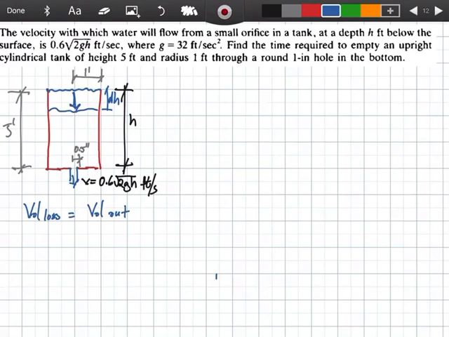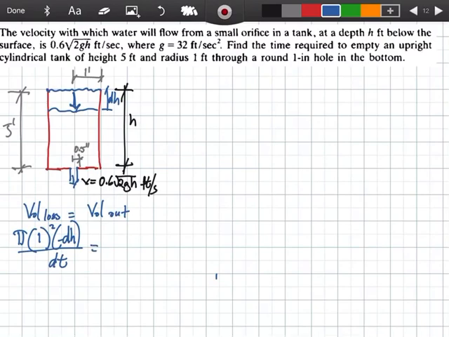So, ang volume loss natin sa ating tank, yung volume ng tank natin, class? Area times height, diba? So, pi, ang kanyang radius ay 1 feet squared, at ang kanyang height na loss ay dH. So, gagawin nating negative dH kasi loss siya, bumababa siya, negative dH over time, dt.